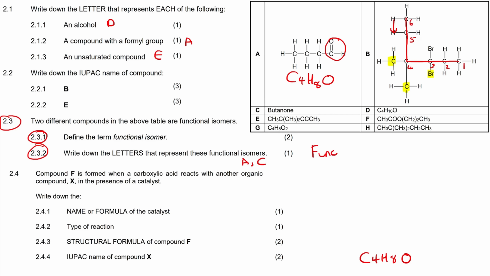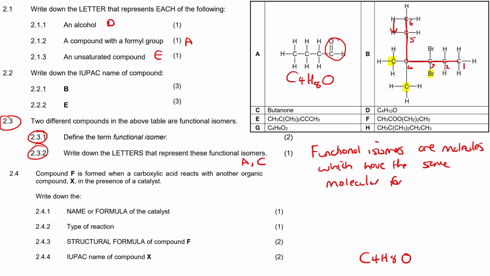So functional isomers are molecules which have the same molecular formula. You see how we have the same molecular formula, but different functional groups.